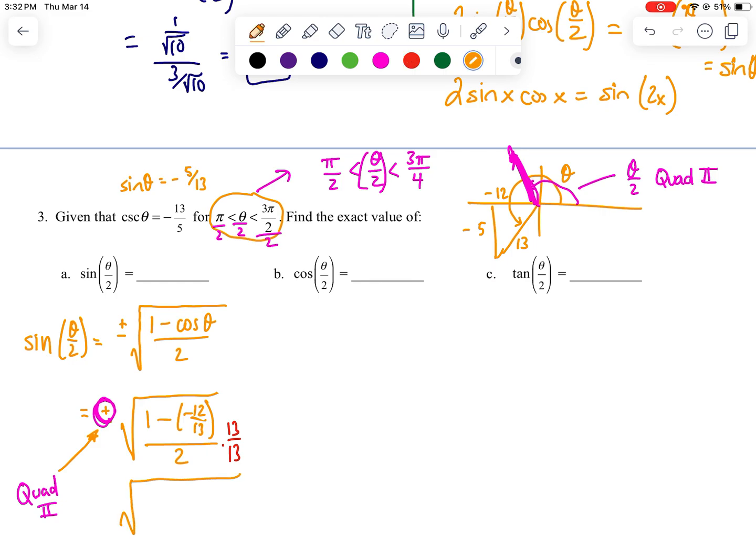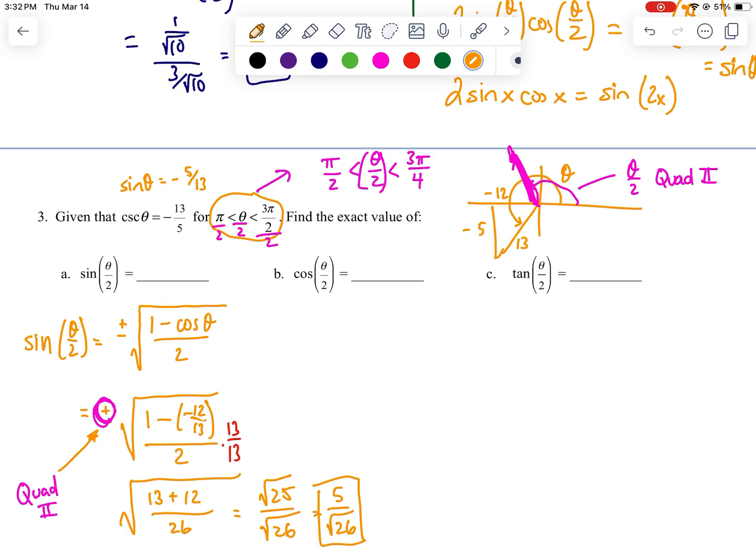When I do that, I'm going to have 13, the negative makes it a plus, that 13 cancels, so I've got 12 — no, 25 on top, and on the bottom, I've got 26. So that's going to be radical 25 over radical 26. And of course, the square root of 25 is 5. And there it is.